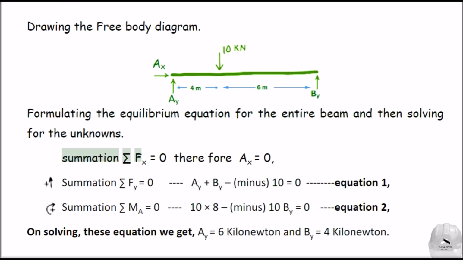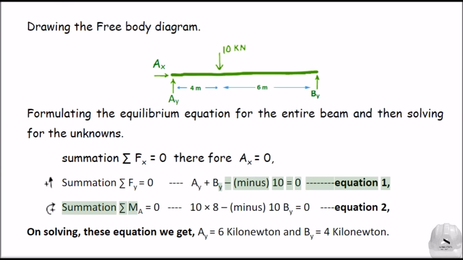Summation Fx equals 0, therefore Ax equals 0. Summation Fy equals 0: Ay plus By minus 10 equals 0.